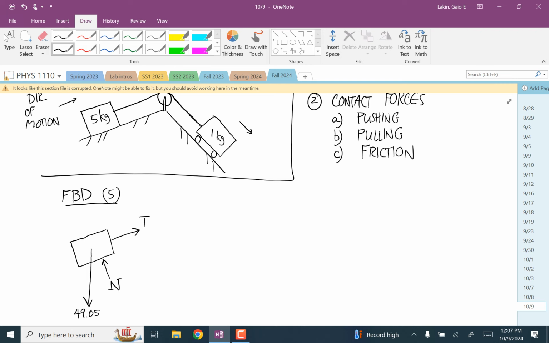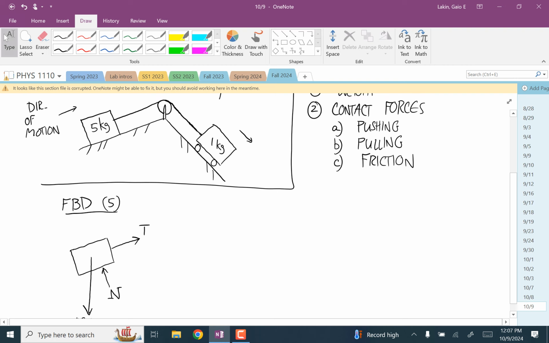And then there's also a friction force. The friction force is always opposite the velocity vector or opposite the direction of motion. So that is like this. And the magnitude of that force is the coefficient times the normal force.